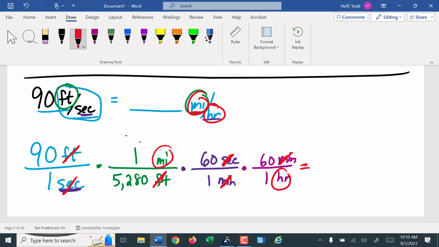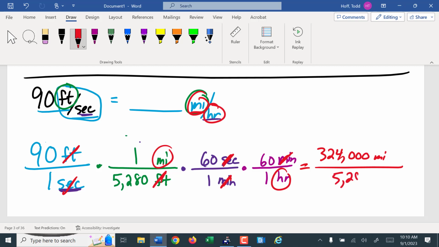So on top, we would take 90 times 1 mile times 60 times 60. What is that? 324,000 miles. On bottom, we have 1 times 5,280 times 1 times 1 hour.